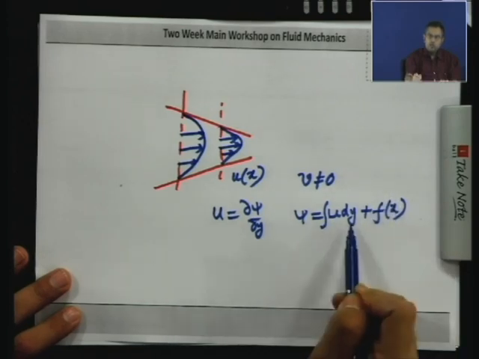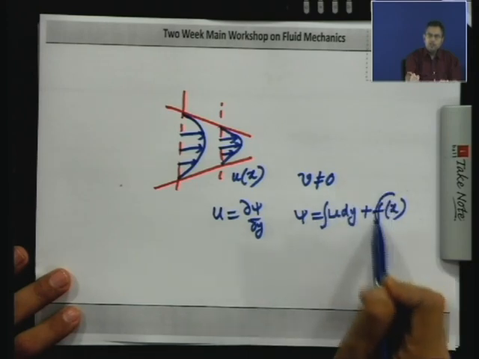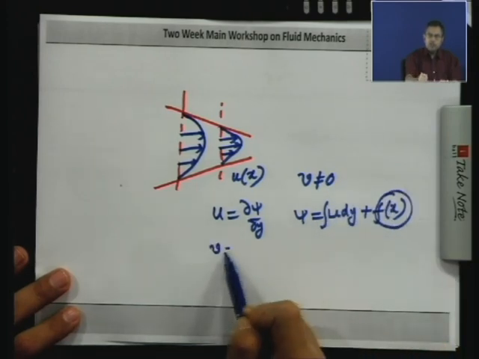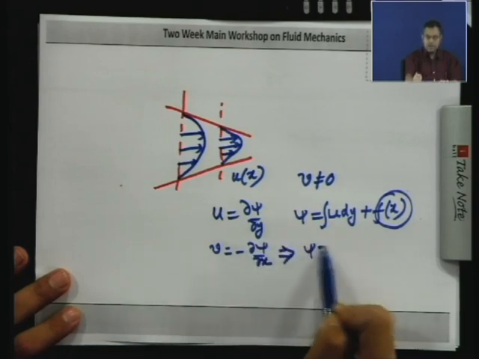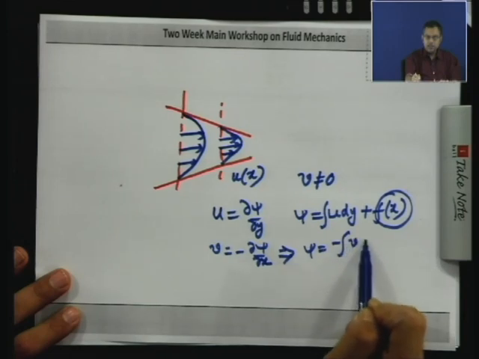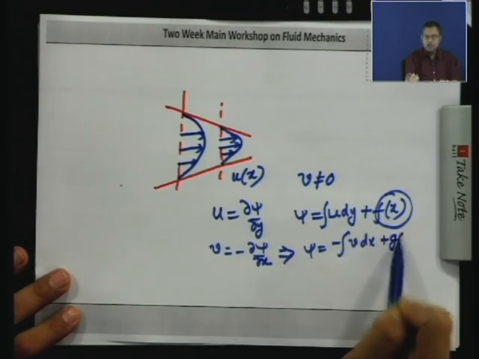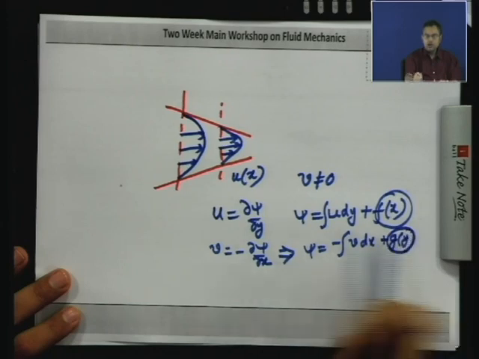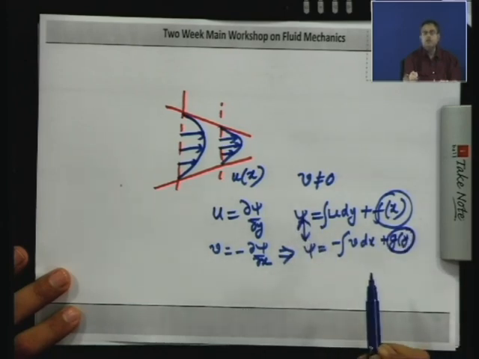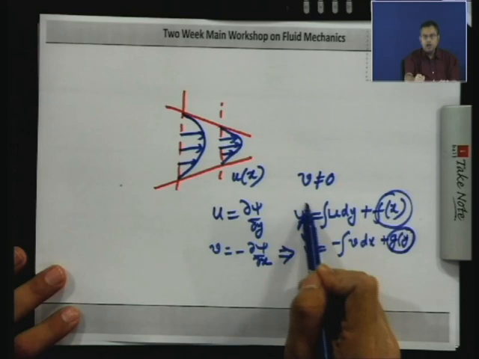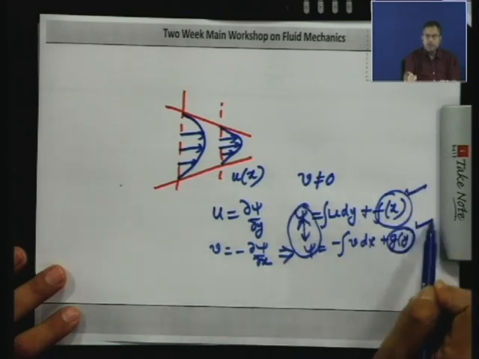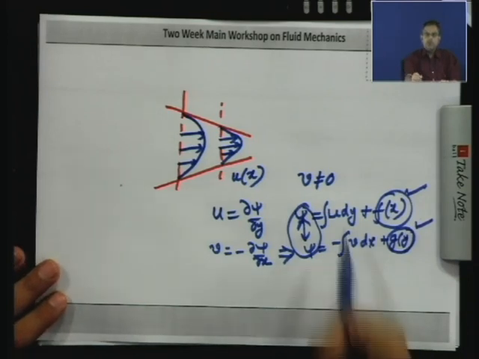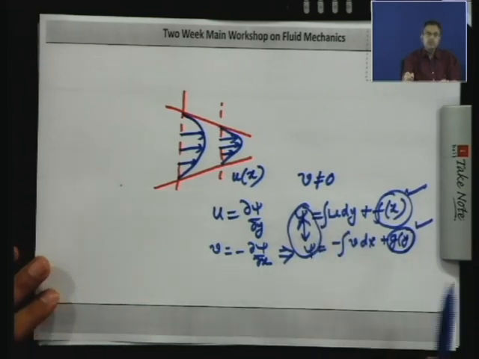Because with respect to derivative or integral with respect to y, a function of x is like a constant. Similarly, v is equal to minus del psi del x, which implies psi is equal to minus integral of v dx plus a function of y. Now these are the same, the stream function cannot be different based on u and v. So by comparing these two expressions you can determine f and g, but it is not different stream functions, it is the same stream function.